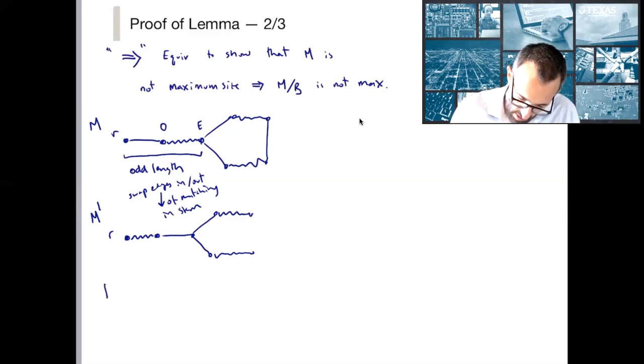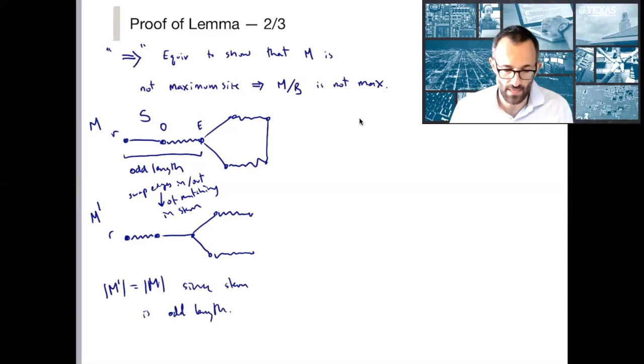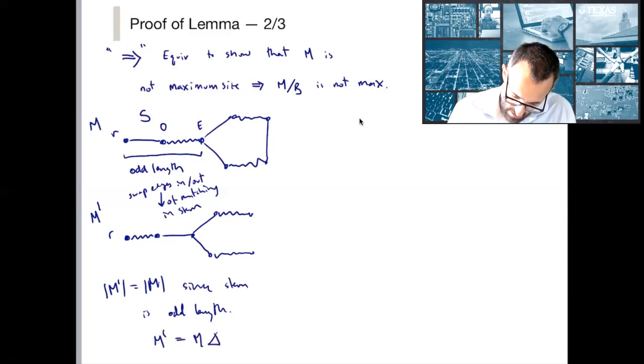So in other words, the size of M dash is equal to the size of M, since the stem is odd length. In symbols, if I call this stem S, what I've really written is M dash is just the symmetric difference of M and S.